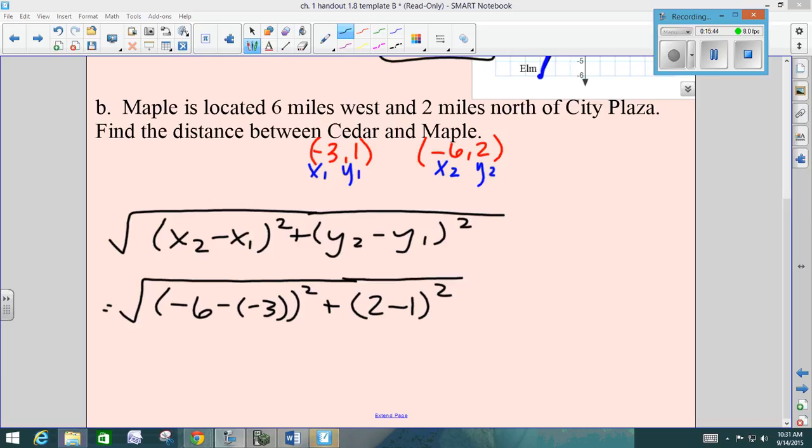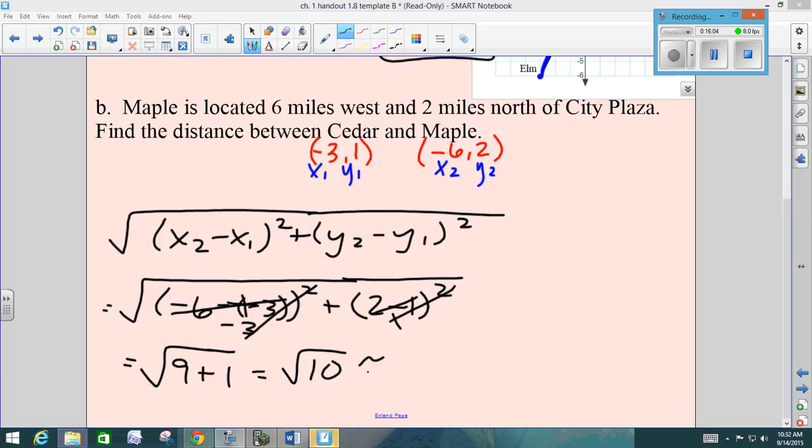The x's, -6 minus -3, that becomes plus. What's -6 plus 3? -3, and -3 squared is 9 plus 2 minus 1. 1 squared is 1, and 9 plus 1 is 10, and the square root of 10 is approximately 3.2 miles.